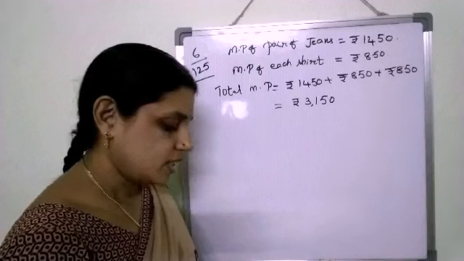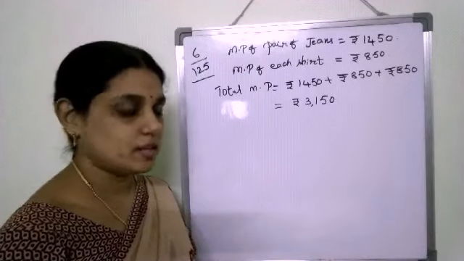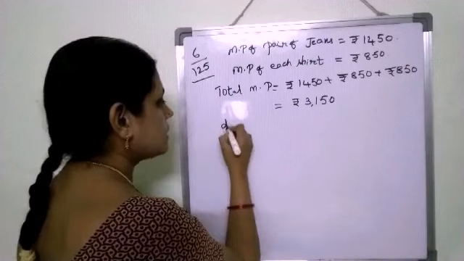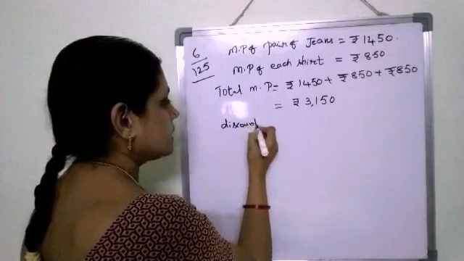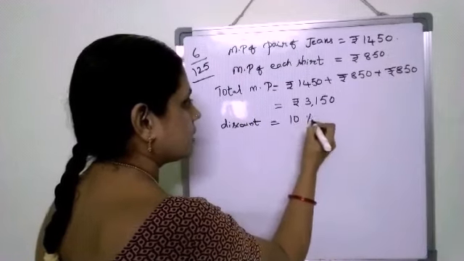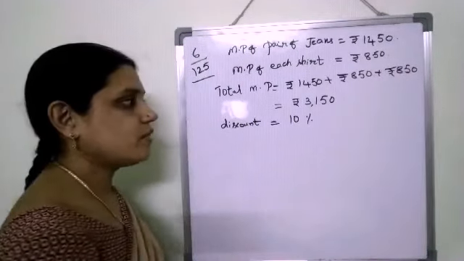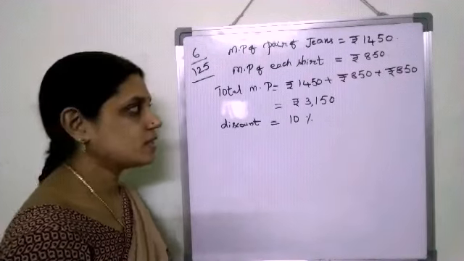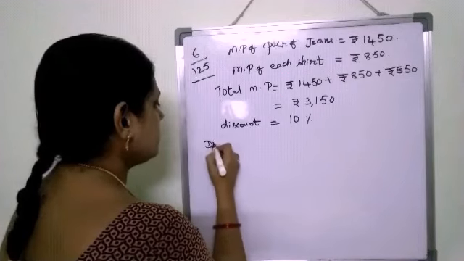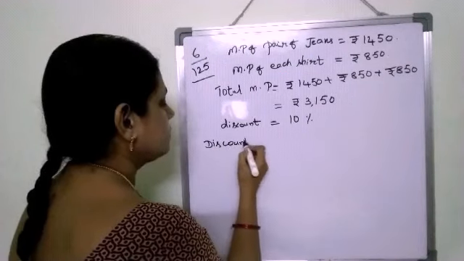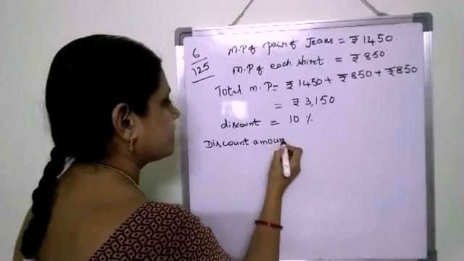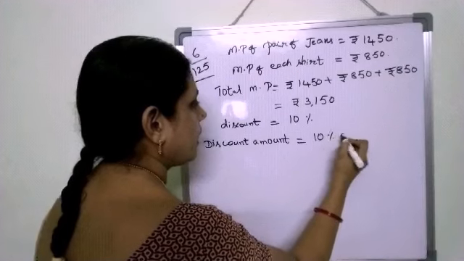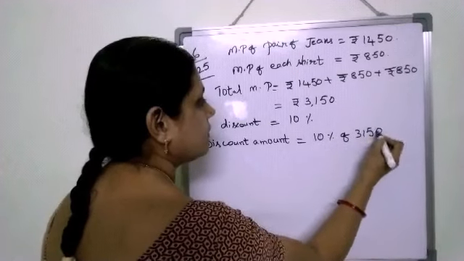Now the question is, if a 10% discount is given, then how much amount does the customer have to pay? That is the question. So what is the discount? Actually the discount percentage is given. Discount is 10%. So now you can find out the discount amount first and then you can subtract. So discount amount equal to 10% of 3150.